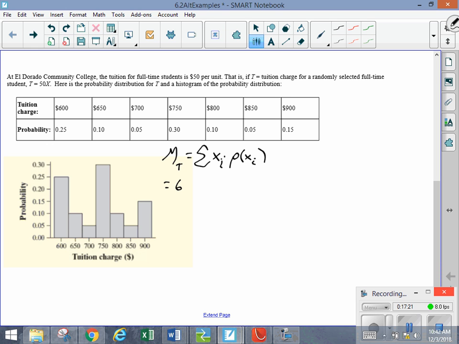So that's going to be 600 times 0.25 plus, and I'm going to go ahead and just shorthand this, because otherwise we'll take a really, really long time on this lesson. So we're going to have to put that all in our calculator.